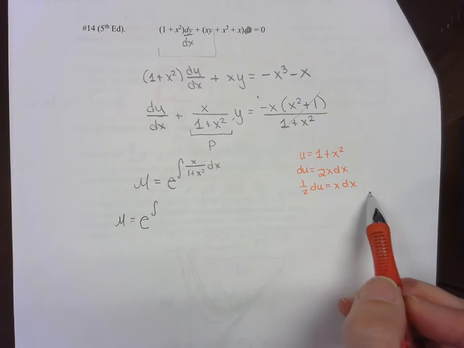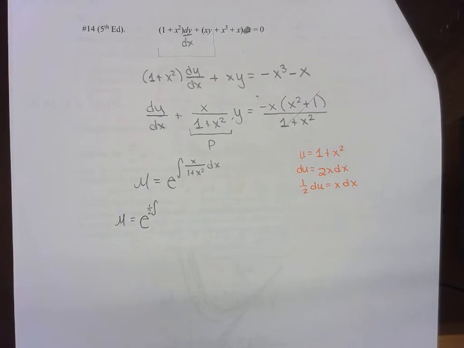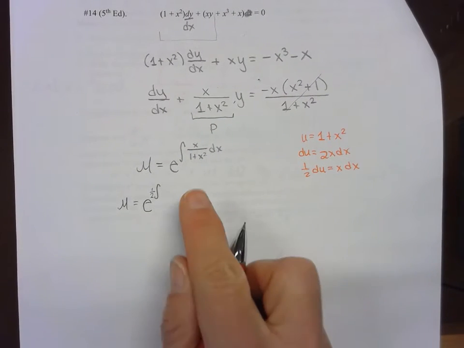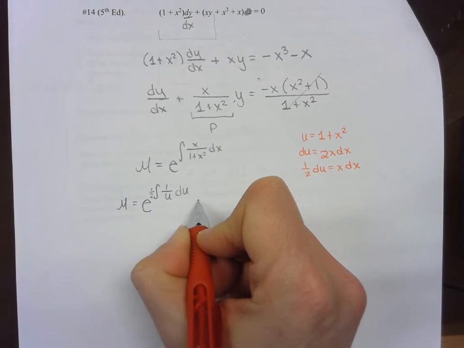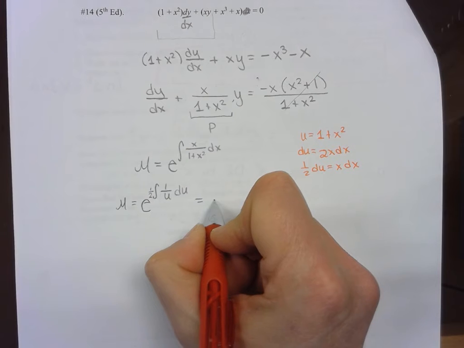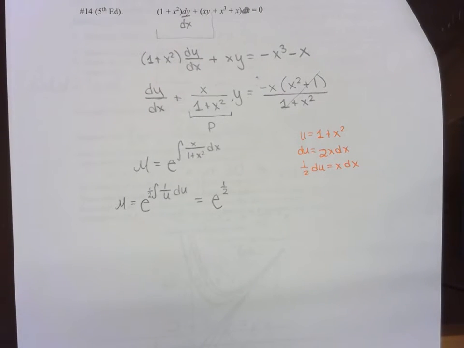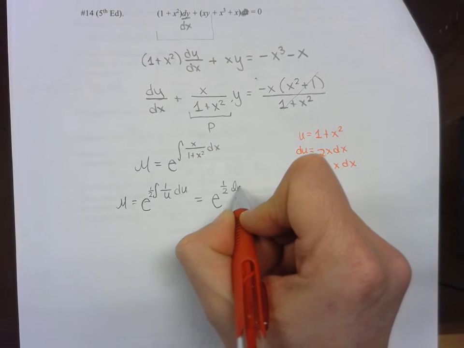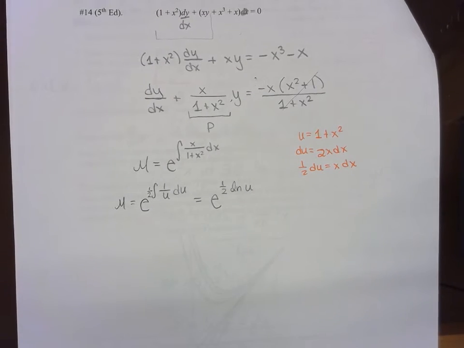So x dx is 1/2 du. I'll put the 1/2 in front, and then I just have 1 over u du. So I get e to the 1/2, and then the antiderivative of 1 over u is ln of u. And here I really don't need the absolute value because 1 plus x squared would never be negative anyway.